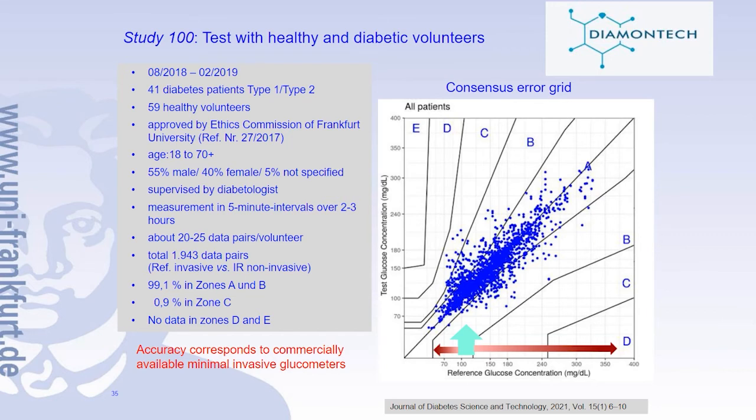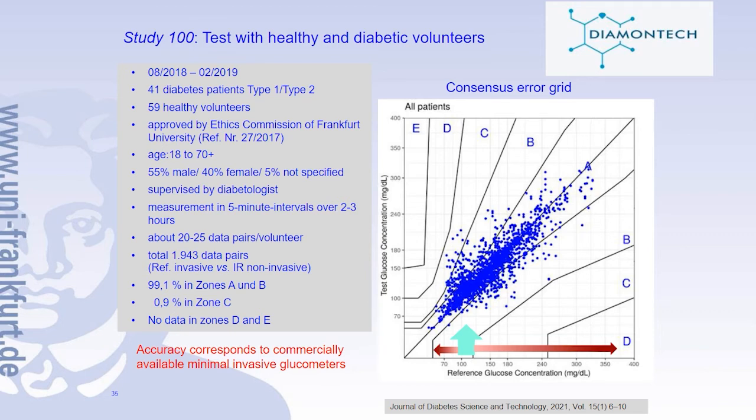But we see that 99% of these data pairs are in zones A and B, which are considered safe by diabetologists. So yes, it's possible to use infrared spectroscopy for blood glucose measurement without any invasive procedure.